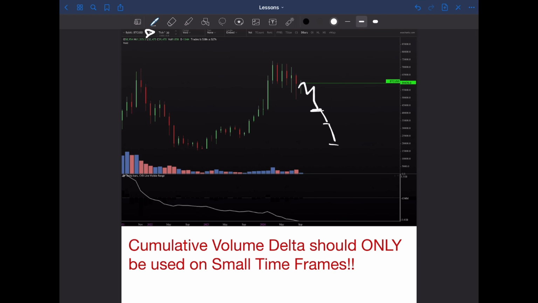But if you're a trader, if you're not holding a position for over 2 years or over a year, if you're day trading, or scalping, or swing trading for a week or a month, these are not that useful, because the price can easily come down to $30,000 and still be extremely bullish on cumulative volume delta. So this concept should only be used on 5-minute, 15-minute, 30-minute charts, or maybe even 1 minute, right? Those are the time frames I use it on.